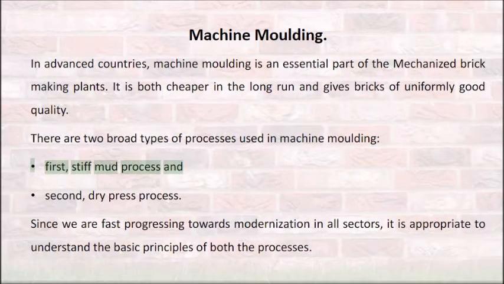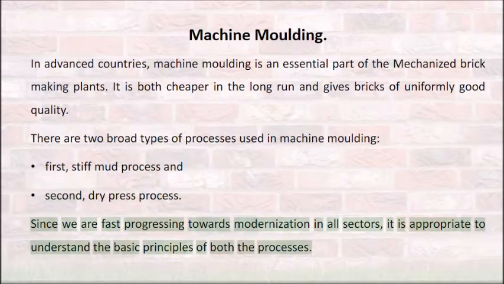First, stiff mud process and second, dry press process. Since we are fast progressing towards modernization in all sectors, it is appropriate to understand the basic principles of both the processes.